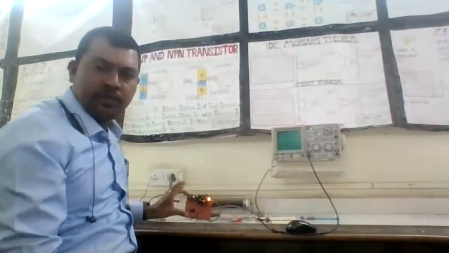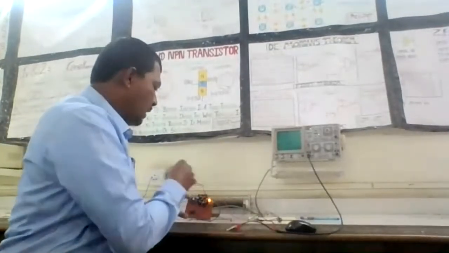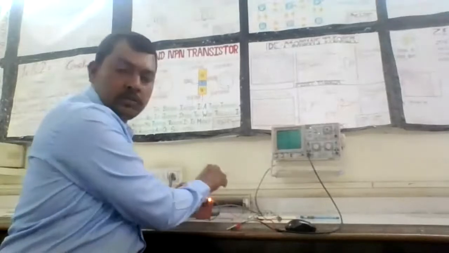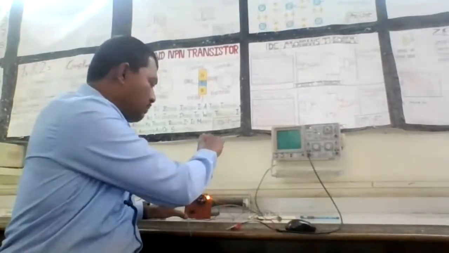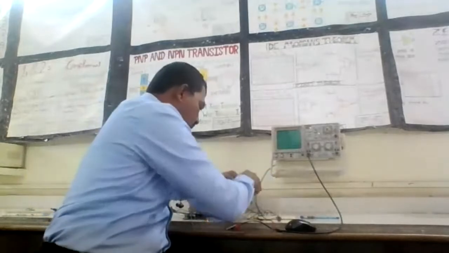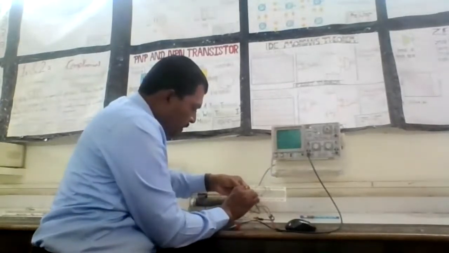This is the power supply that we are using over here. So we have this plus 12, minus 12 and ground, as well as a dual power supply. So this is plus 12, and I am connecting it to pin number 4 of TL084 over here.